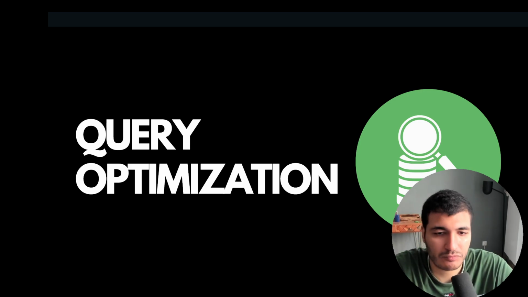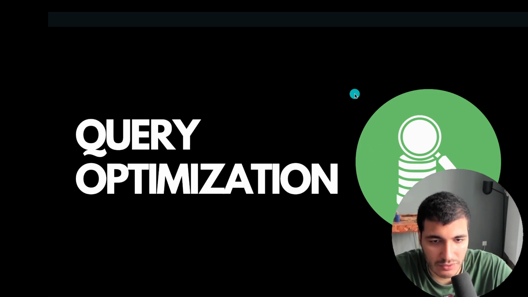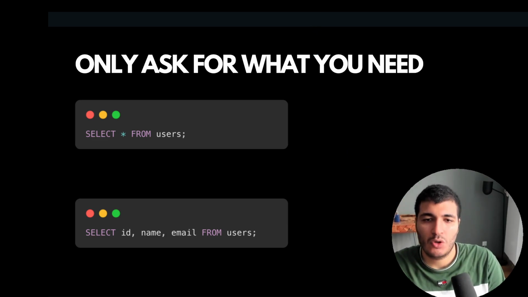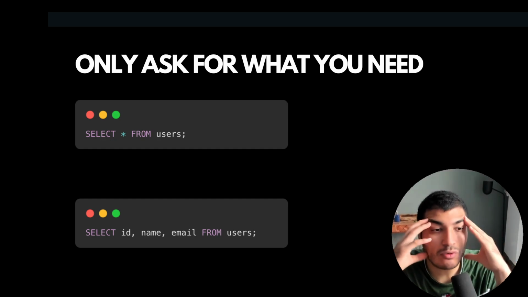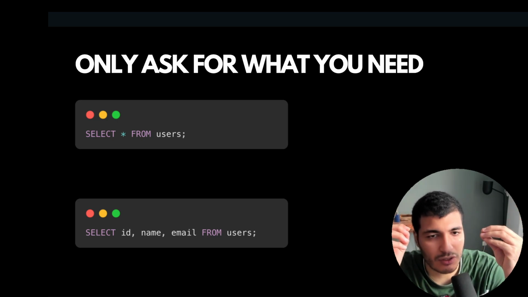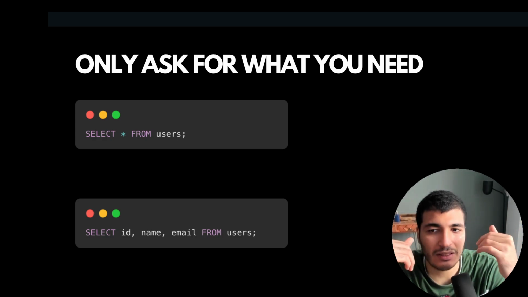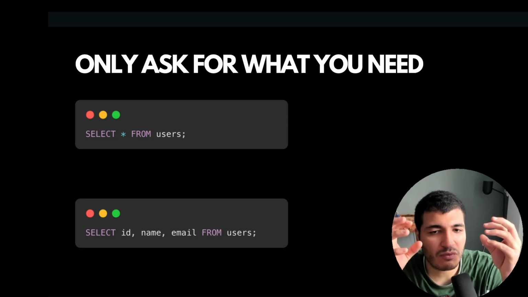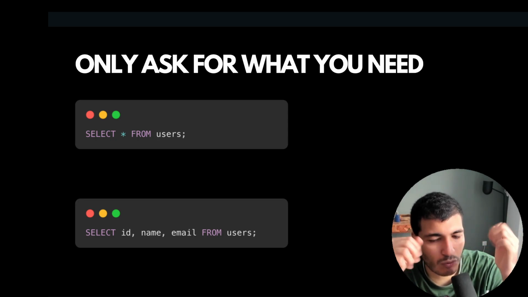Before I talk about this, we need to understand that a well-optimized query can dramatically reduce its execution time, lower CPU and memory usage on your database server, and ultimately lead to much better scalability for your entire application. So we will talk about some fundamental principles.